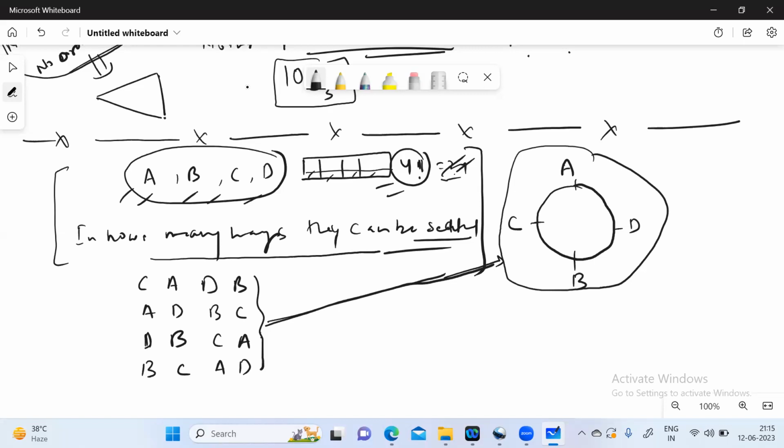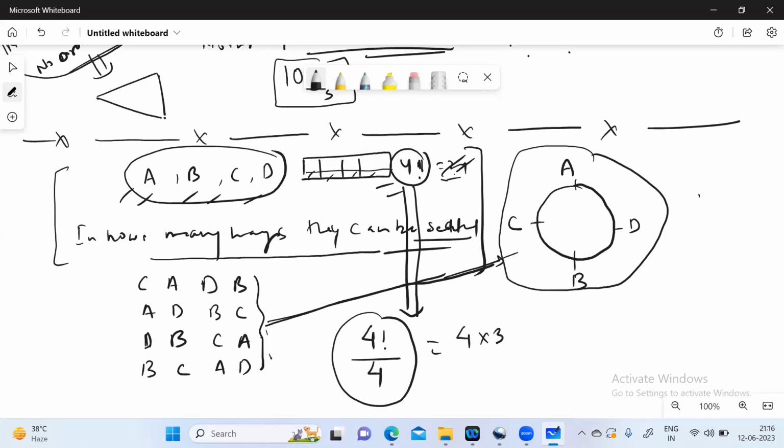So because each 4 of them lead to just one cyclic arrangement, the total number of cyclic arrangements will be 4 factorial by 4. It becomes 4 into 3 factorial by 4, and we cancel the 4, leaving 3 factorial.